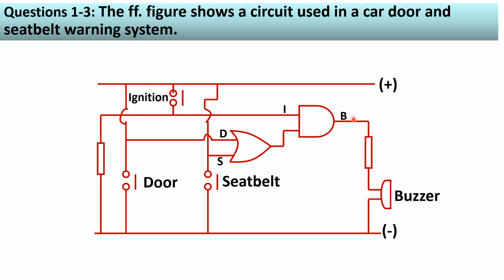So over here, of course, you have the buzzer. It is the buzzer that will sound or buzz to give the signal that either the driver has not yet worn the seatbelt or he has not yet locked the door.